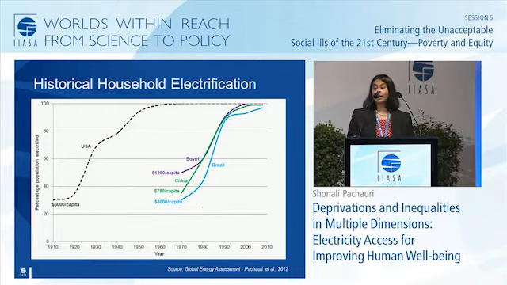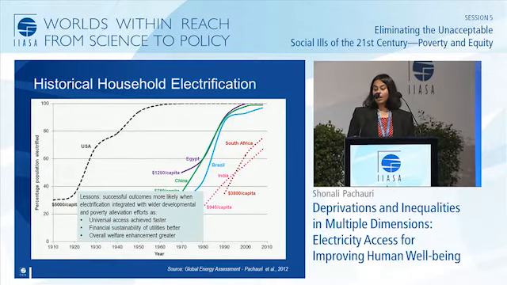However, of course, there are many developing countries and some larger basic countries like South Africa and India that still have a large proportion of their population still to electrify. In the case of South Africa, about a quarter, and in the case of India, about a third. One of the lessons we learned from this historical analysis was that in countries where electrification was integrated within wider developmental and poverty alleviation efforts, the successes were greater.